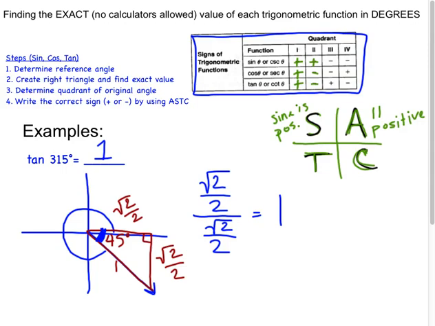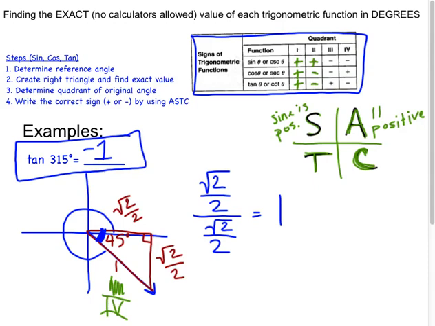So for our problem, we need to figure out, is the 1 supposed to be positive 1 or negative 1? So we say, okay, well, we know we're in the fourth quadrant, down here. In the fourth quadrant, IV, and therefore, we look and we see that cosine is the only thing that's supposed to be positive in the fourth quadrant. Therefore, we need to throw a negative sign in front of this, and we have our final answer. Tangent of 315 degrees equals -1.